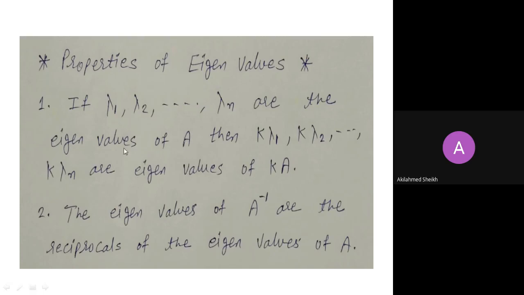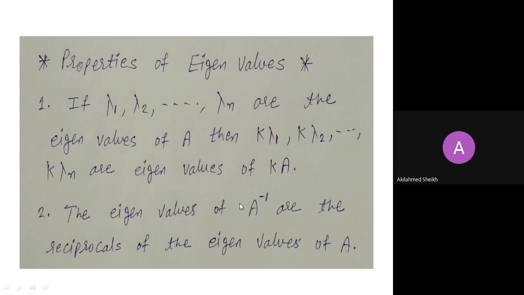Now here, we assume the given matrix is of order n by n. So if lambda 1, lambda 2 up to lambda n are the eigenvalues of the matrix A, then k lambda 1, k lambda 2 up to k lambda n are also eigenvalues of k into A, where k is any constant.